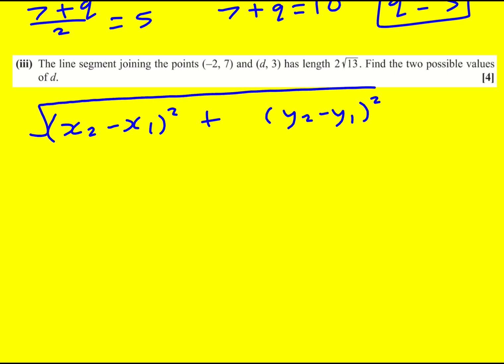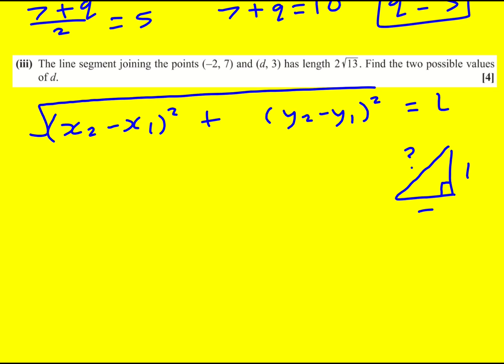You find the differences in your x's, the differences in your y's, because that essentially gives you the parts of your triangle that you're interested in. You square them, add them using Pythagoras' theorem, and square root it, and that will give you this length, which we might call L, for example.